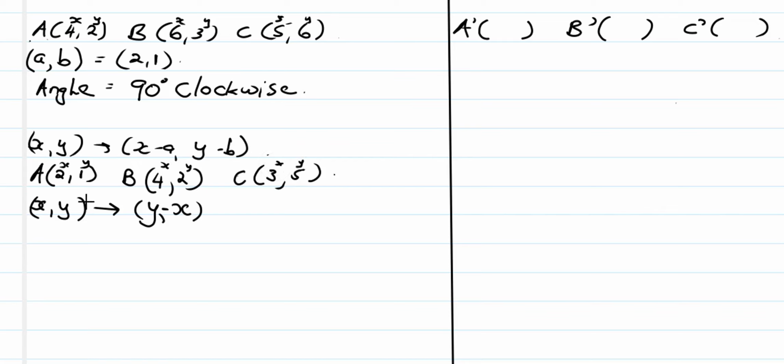But then we interchange. We start with A, and the coordinates of A, which were x, y, now change to y, x. We can just change it like this. Now y starts and x is the second one like this. Then we go to B. We do the same. We start with y and we finish with x, and then we do the same with C, where we have 5 and 3.